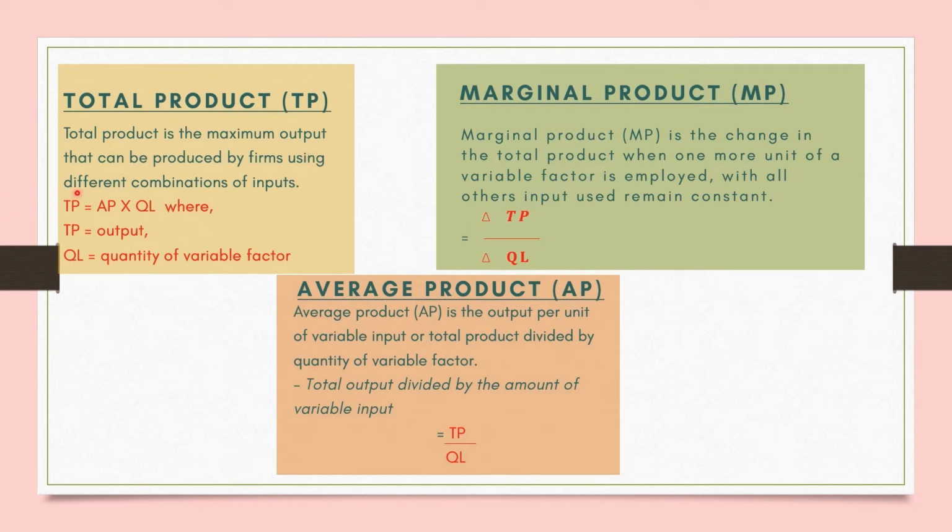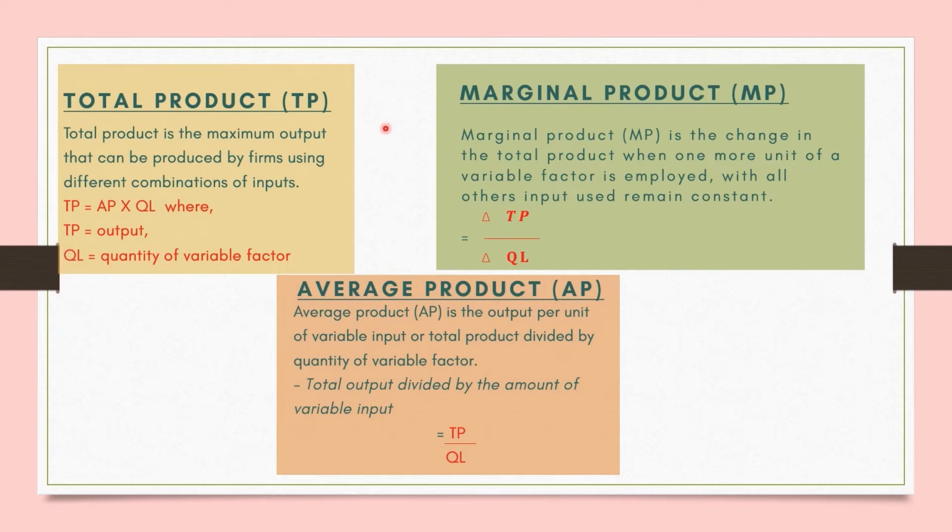We refer to it as TP equals AP times QL, where TP is the output and QL is the quantity of variable factor. Bear in mind that L refers to labor, but it does not necessarily have to be labor; sometimes it can also be something else, like capital. But usually we want to see the contribution of the labor, so that is why we use QL.